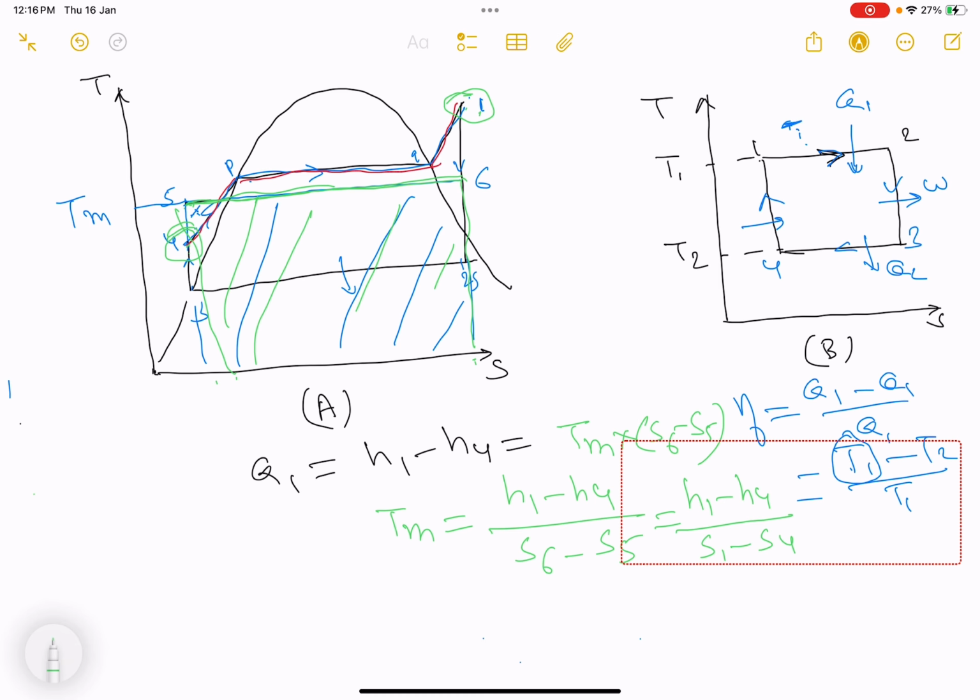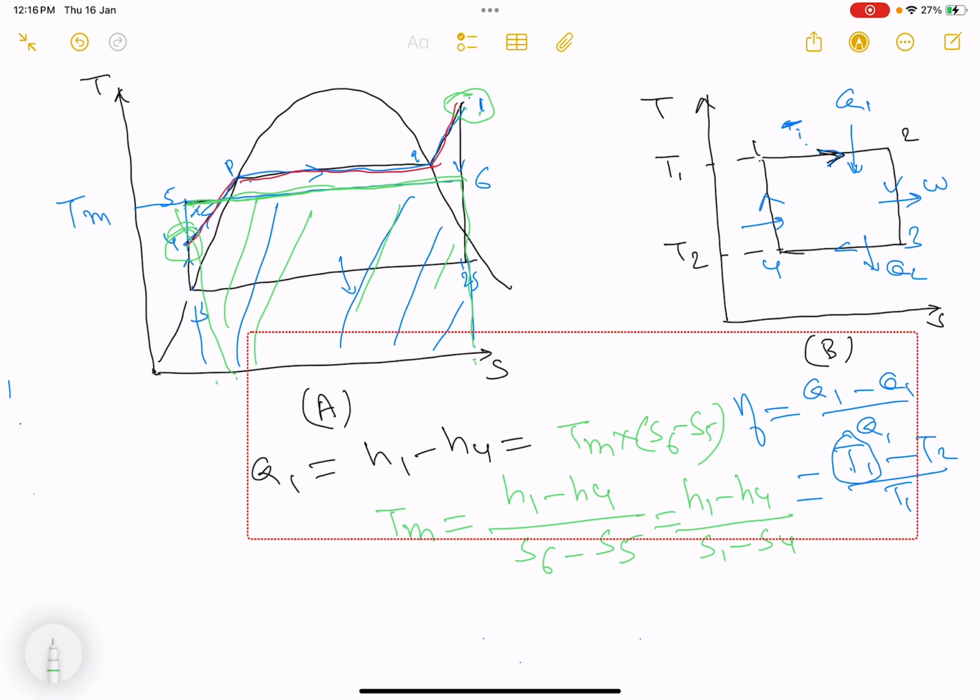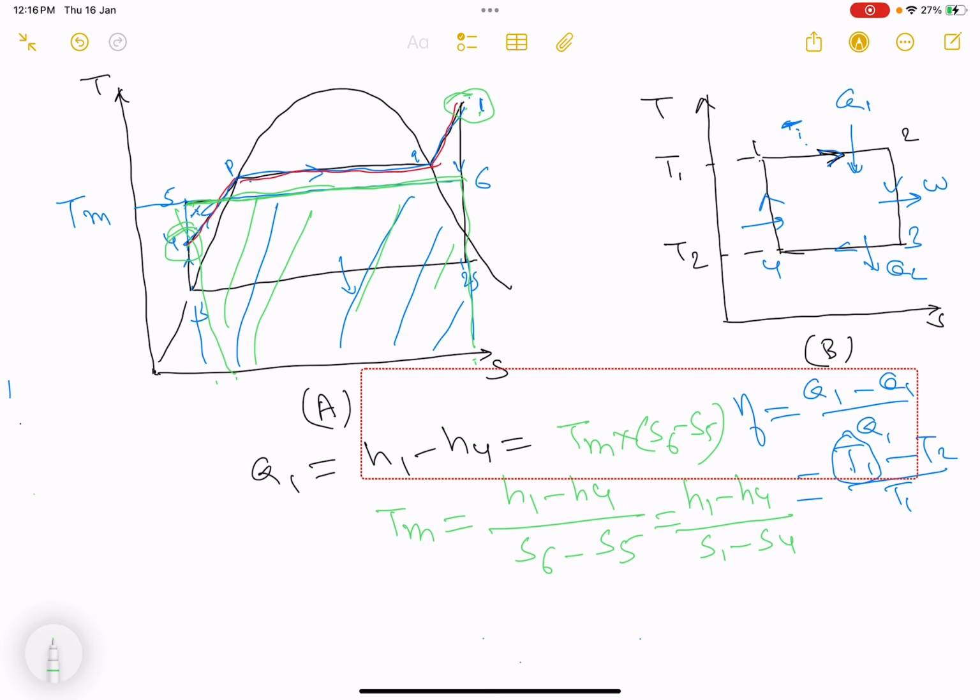Please note 1 and 6 are on the vertical line, so entropy is the same. 3, 4, 5 are on a vertical line, so I am just replacing 6 by 1 and 5 by 4.